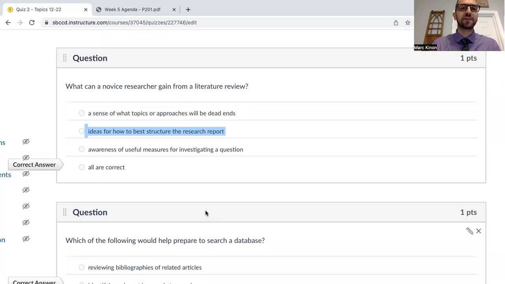Awareness of useful measures for investigating a question, okay? So if you're studying mortality salience, how did previous researchers measure mortality salience? If you're studying self-esteem, how did they measure self-esteem? If you're studying depression, how did they study depression?